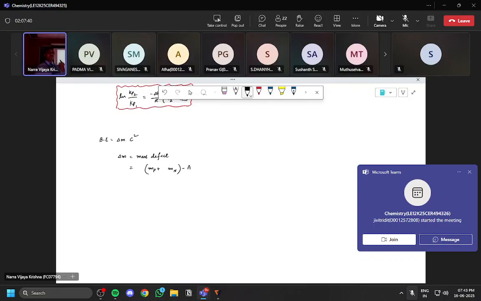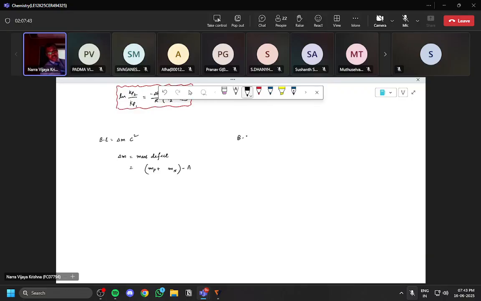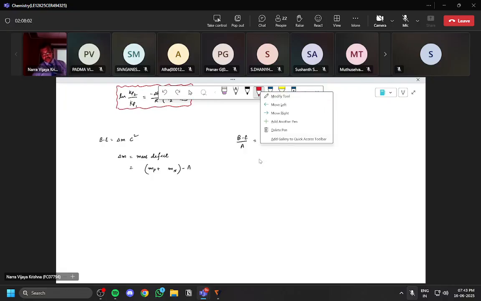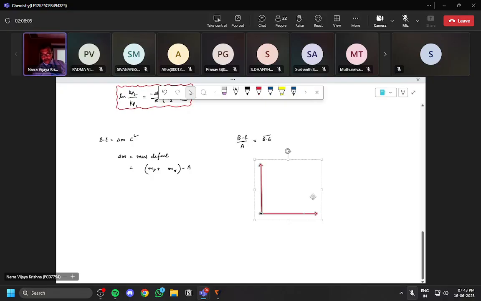If I divide that binding energy value with mass number, then you will get binding energy per nucleon. If binding energy per nucleon value is high, then that nucleus is stable. If you plot the binding energy per nucleon versus mass number graph, it looks like this.